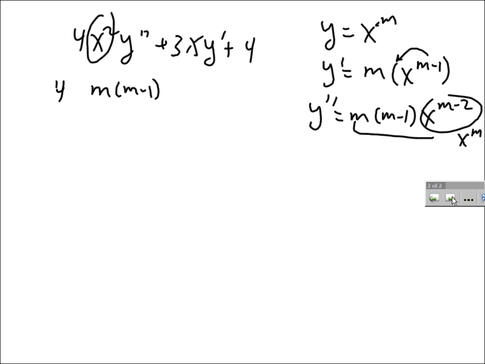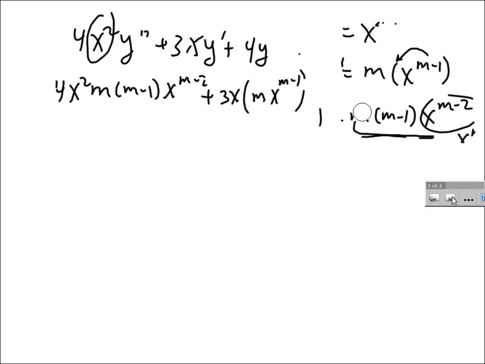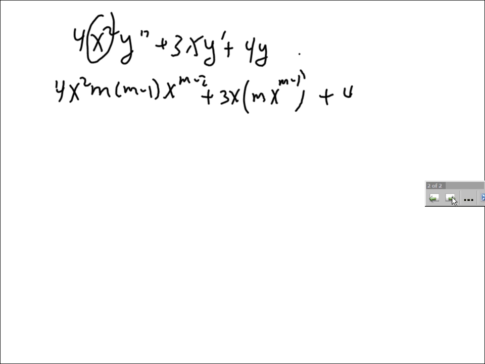You're going to get 4x squared times y double prime, m times m minus 1 times x to the m minus 2, plus 3x times y prime, which is m x to the m minus 1, plus 4y. Remember, y was just x to the m.